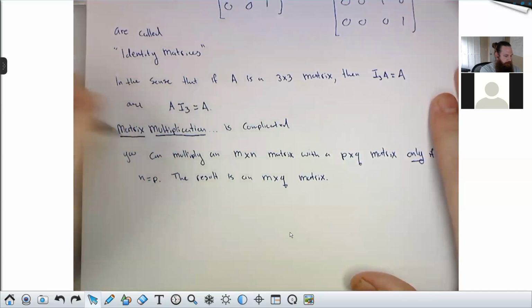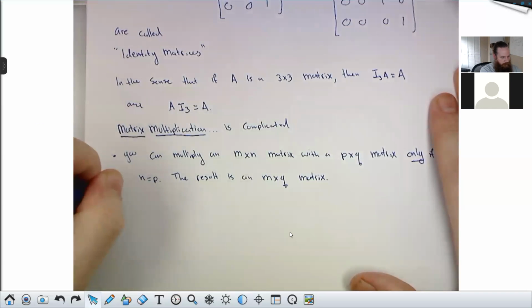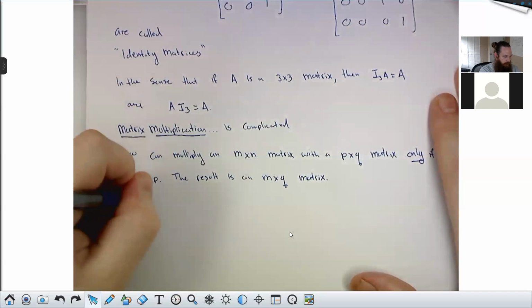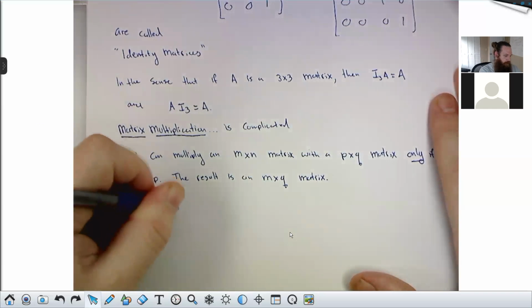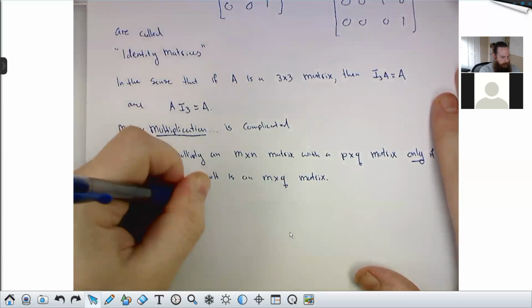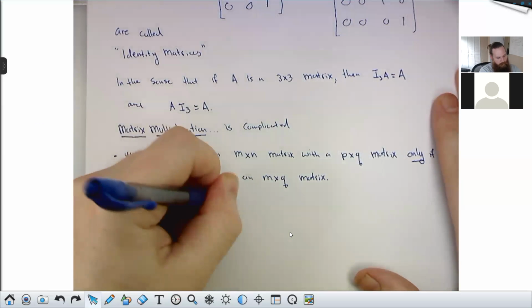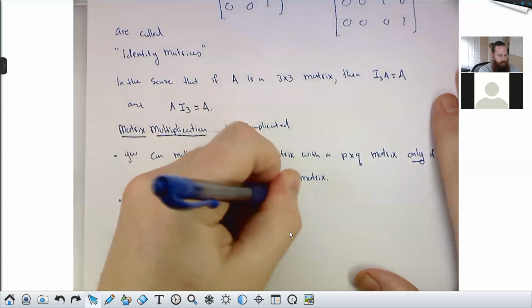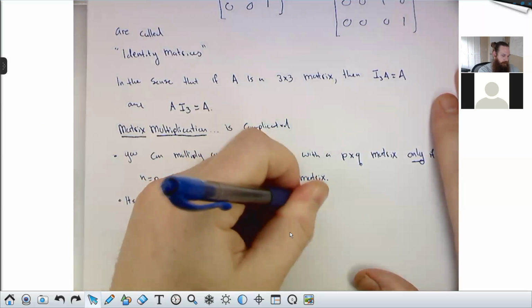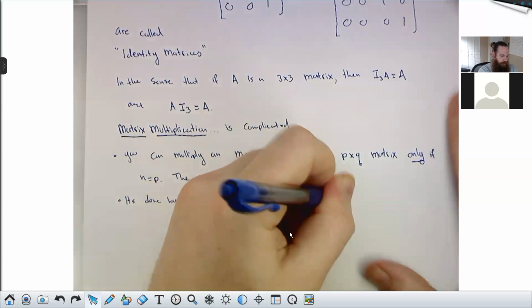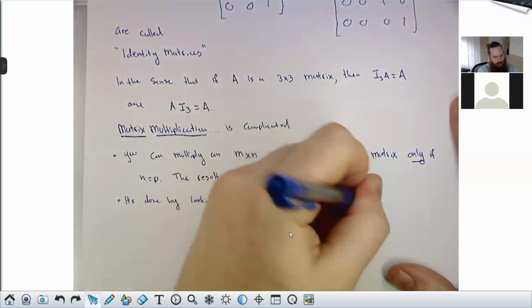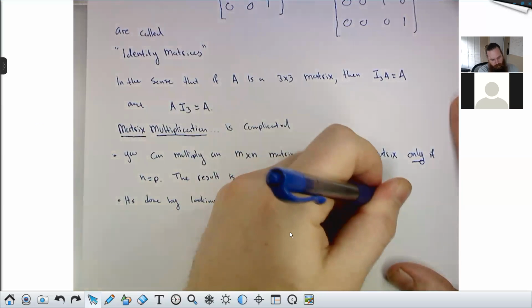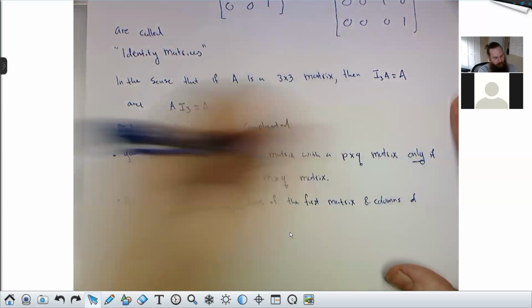So the trick here is it's done by looking at rows of the first matrix and columns of the second.